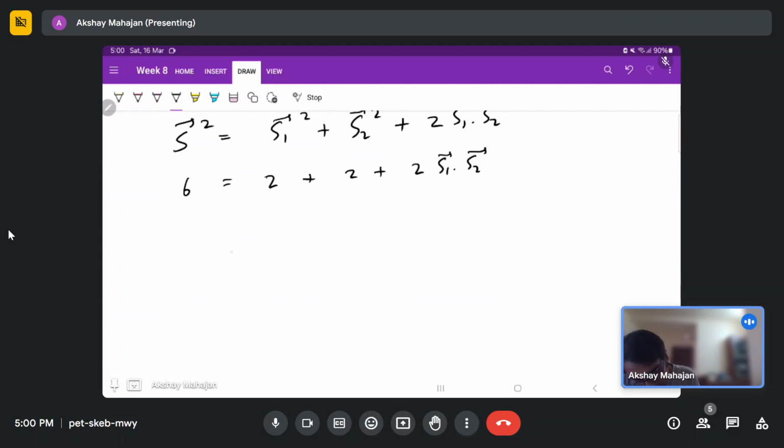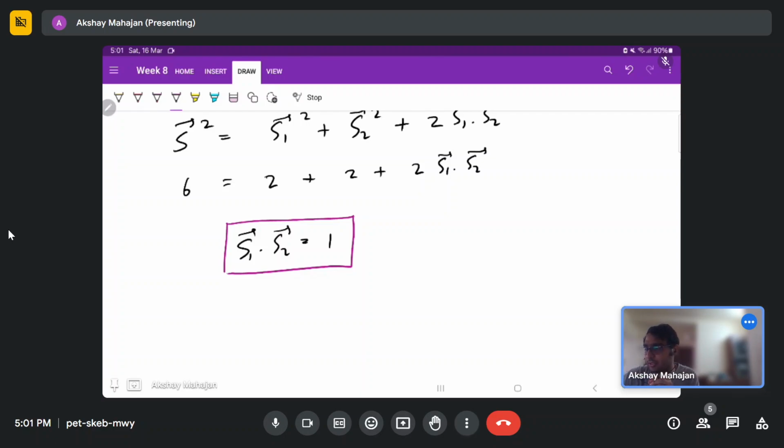So from here s1 vector dot s2 vector will be 6 minus 4, which is 2, divided by 2, that will give you 1. So this is our answer: the product s1 vector dot s2 vector is equal to 1. Alright, any doubt in this problem?